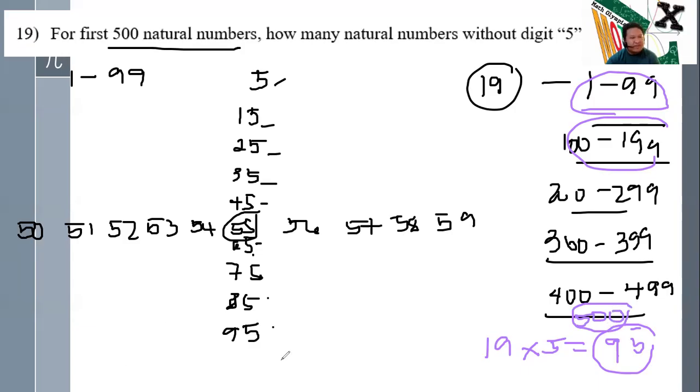So from 1 to 500, there are 96. So that's 500 minus 96, which gives us 404. Different solution, but the same answer. This is the more concrete one, because you will see that there are 404 there. And that's the answer to our question, 404.